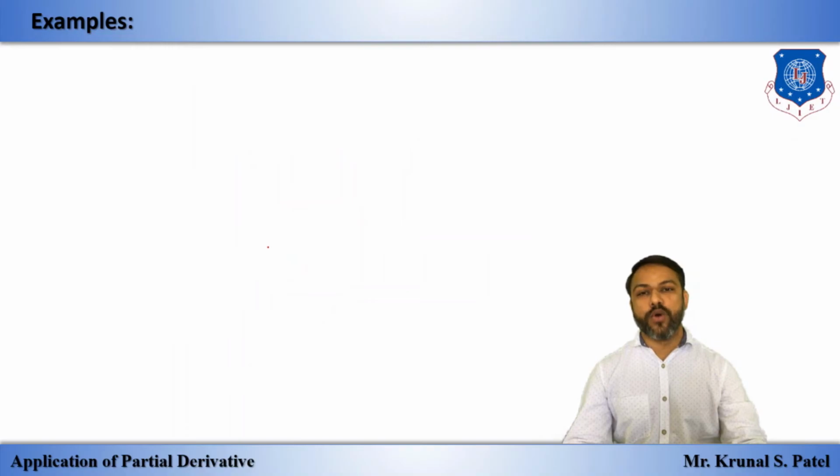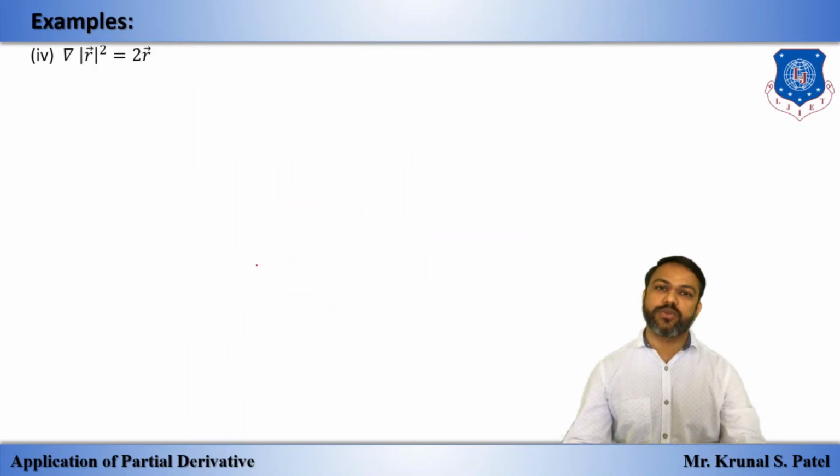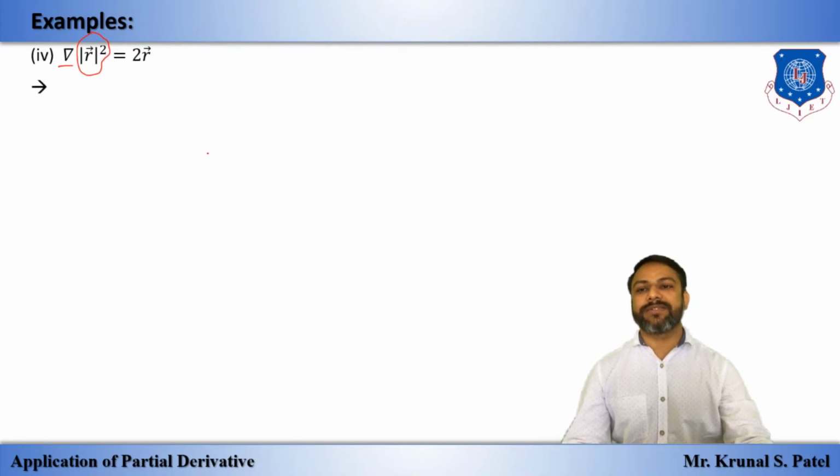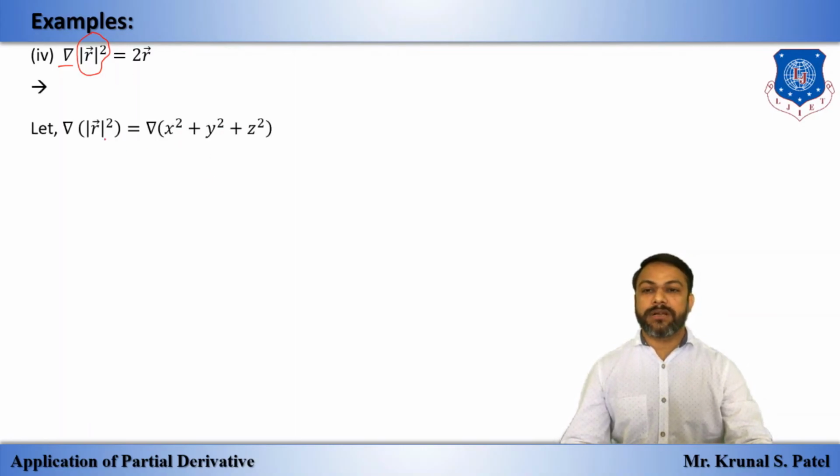Now number 4. So easy, just you have to use the basic rule. Now find the gradient of mod r vector whole square. So let's start with the proof. Now we know the formula for this mod r vector whole square.